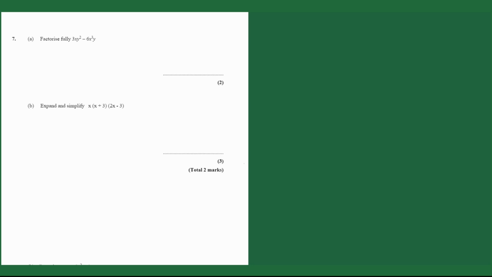Question number 7. Factorize fully 3xy squared minus 6x cubed y. So for the numbers 3 and 6, the common factor is 3. x and x cubed, so I can take one of the x. y squared and y, I can take one of the y.